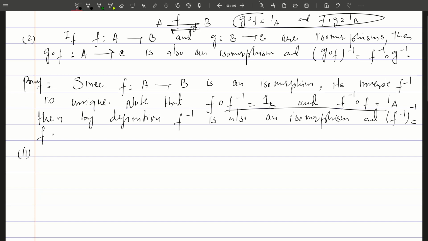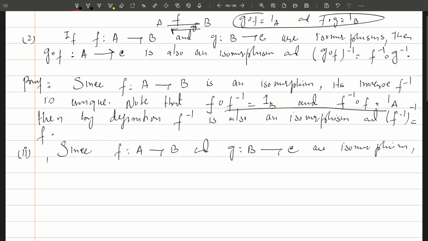Now for the item second we have, since f from A to B and g from B to C are isomorphisms, they must have inverses.